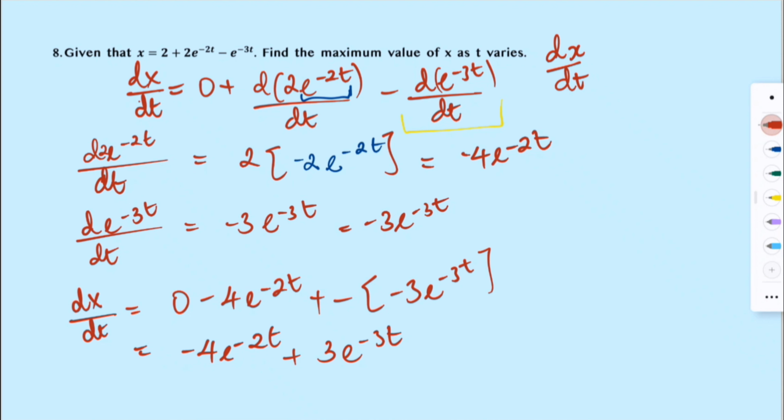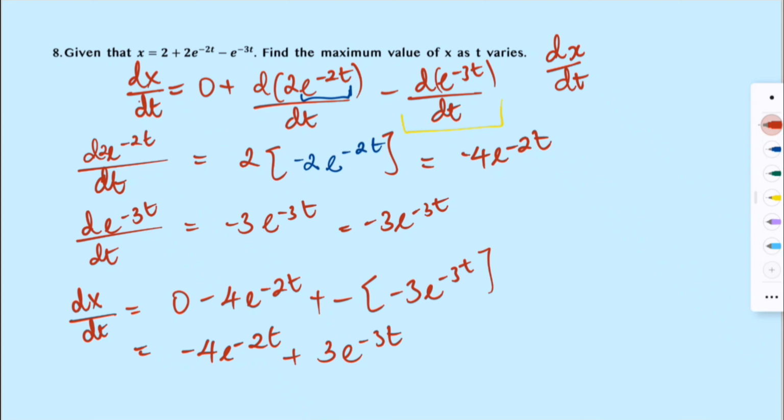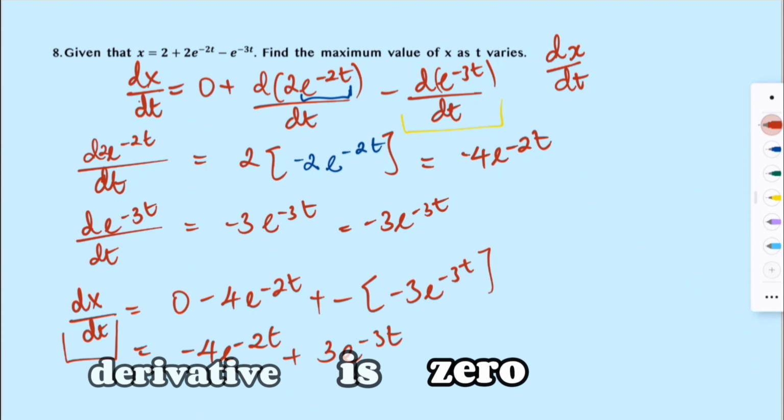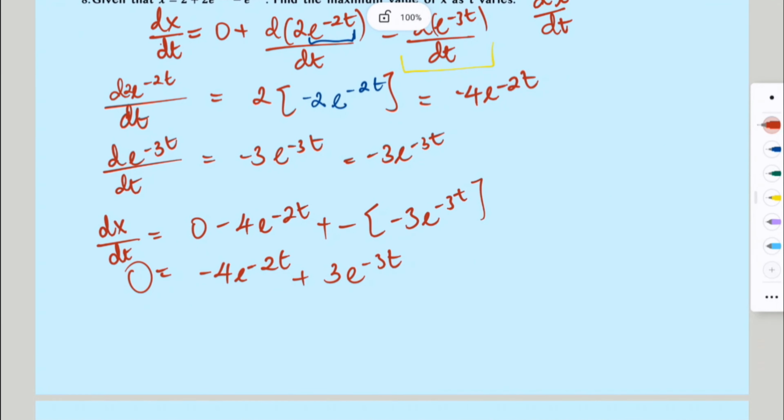That's the derivative. Now, the maximum value occurs when the derivative, or the rate of change, which is this, is equal to 0. So I'm just going to equate this to 0 right over here, so that we can work out the value of t, the time at which this occurs.